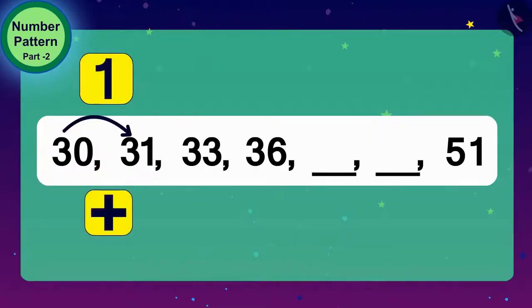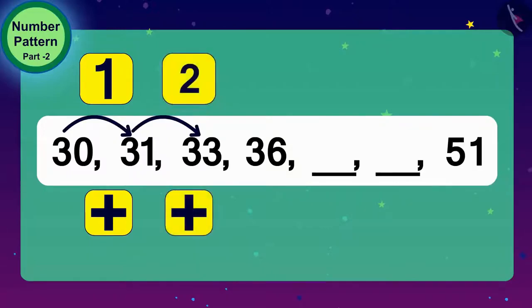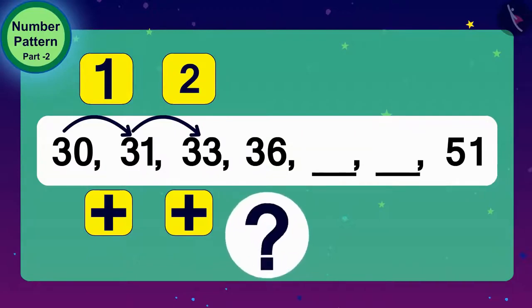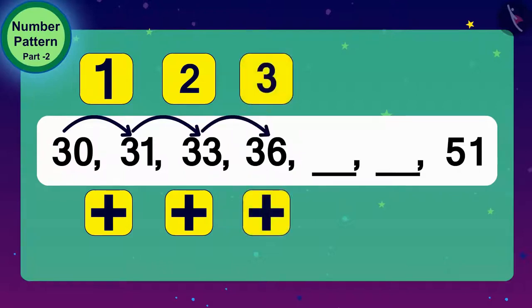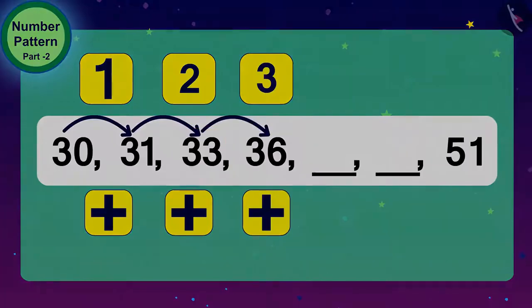And what do we have to do to get 33 from 31? Yes, we have to add 2. And finally, if we have to reach 36 from 33, what will we do? 3 will be added to 33.